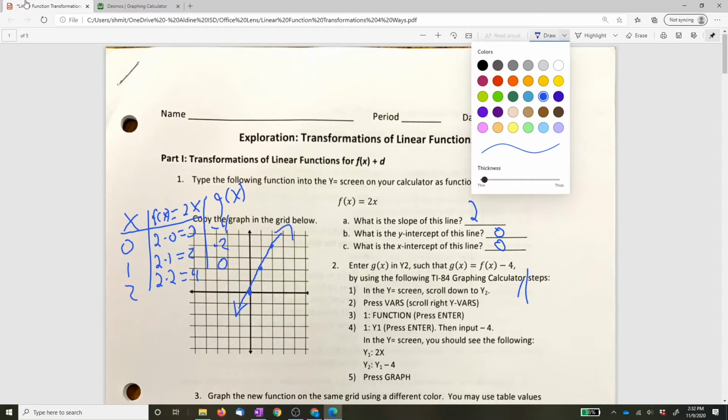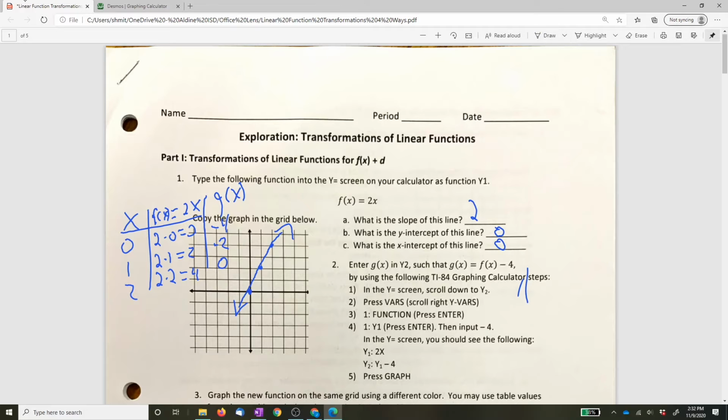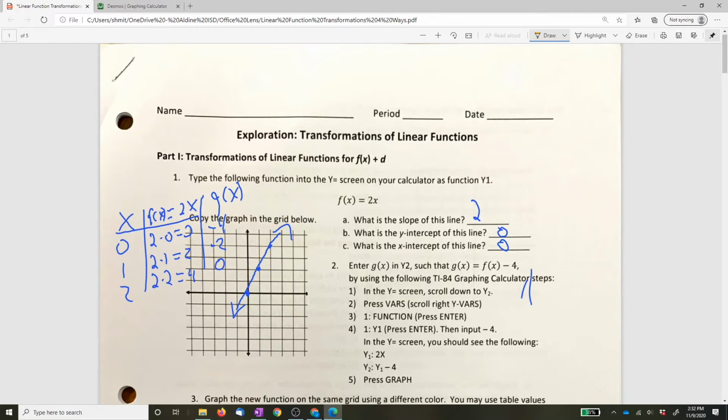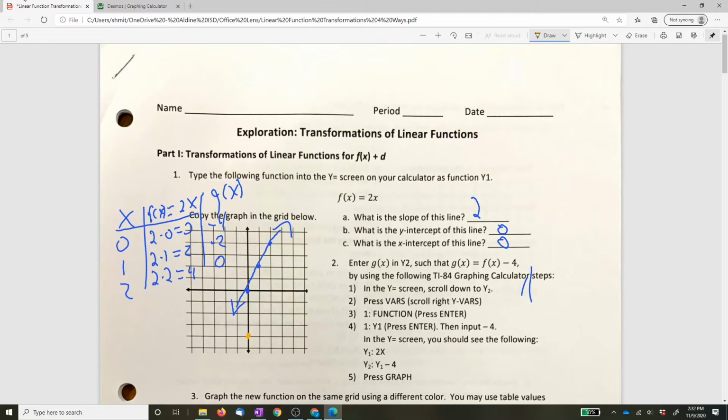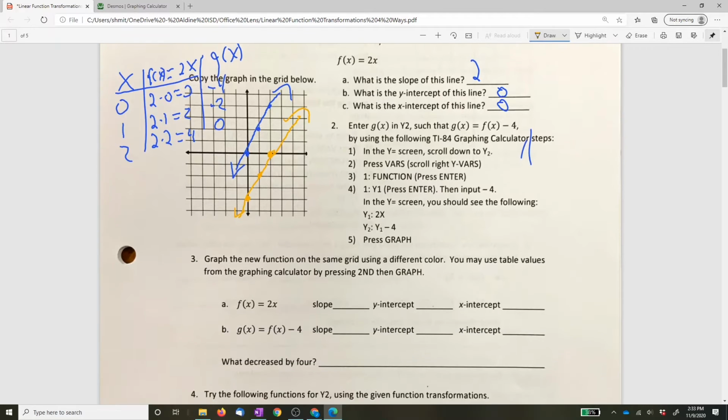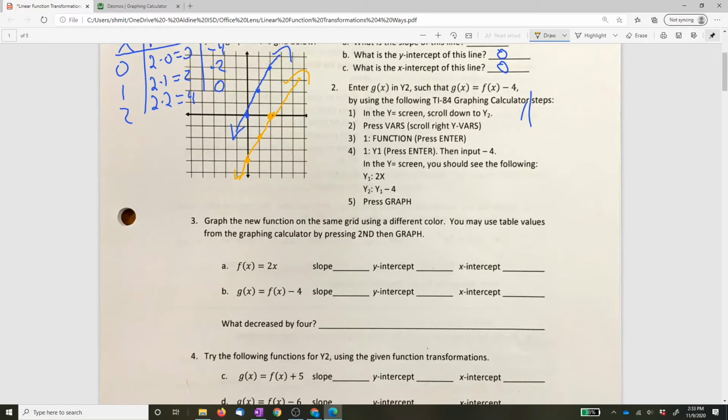The reason why I'm using this app today is just so I can know exactly how this app is used for some of you. Some of you have used it. Here's 0, negative 4, 1, negative 2. Connect these with a line. Slope of the original is 2, 0, 0. Slope of the new one.